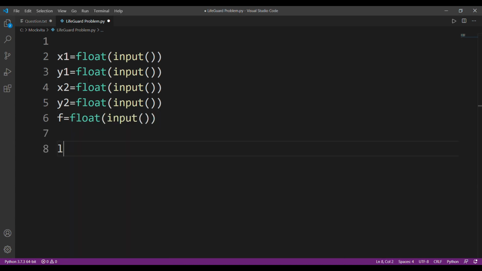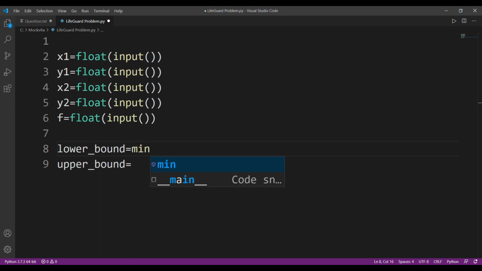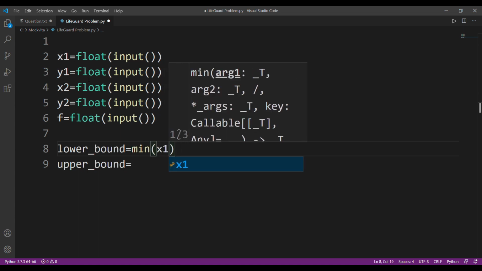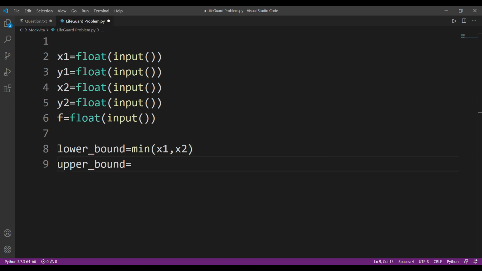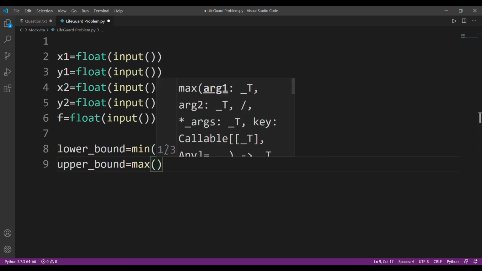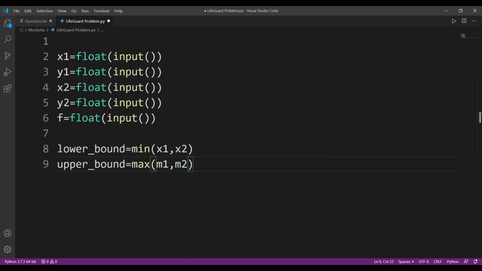Now we need to calculate our lower bound and our upper bound, which we can easily find with whichever one is minimum or maximum of both x1 and x2. Lower bound will be the minimum of x1 and x2, and upper bound will be the maximum, max of x2 comma x1.